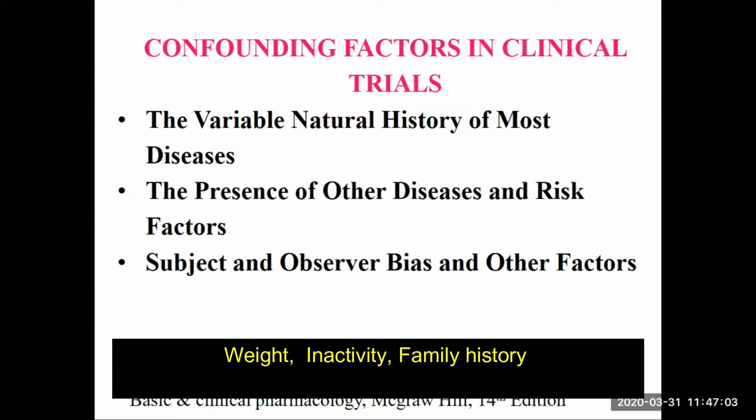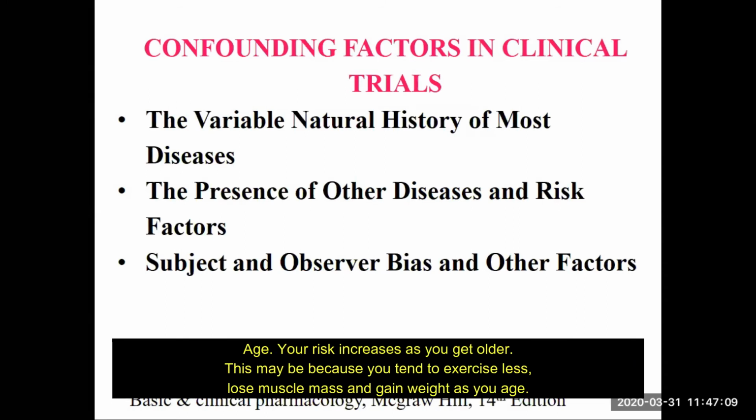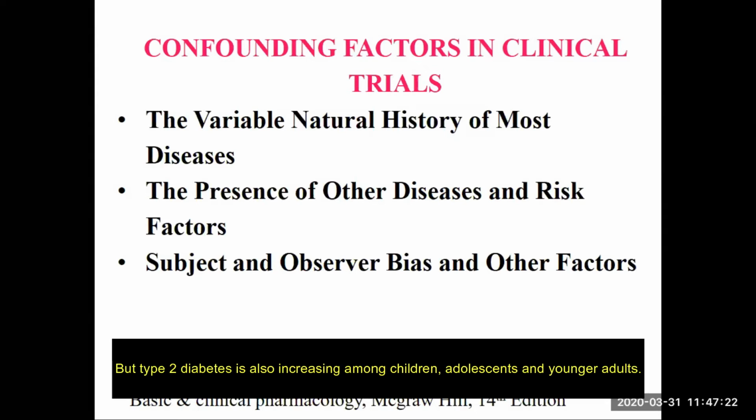Race: Black people, Hispanic people, American Indian, Asian Americans are at high risk. Age is also an important factor, as your risk increases as you get older. This may be because you tend to exercise less, lose muscle mass, and gain weight as you age. But type 2 diabetes is also increasing among children, adolescents, and young adults.